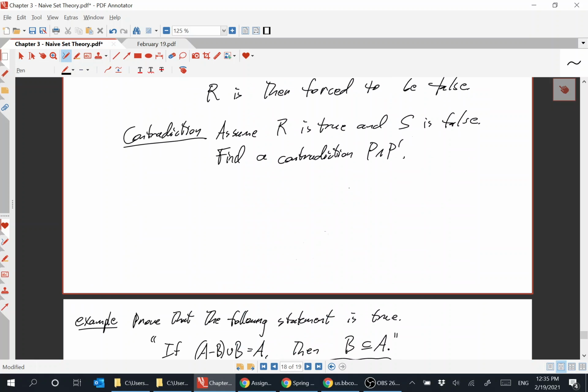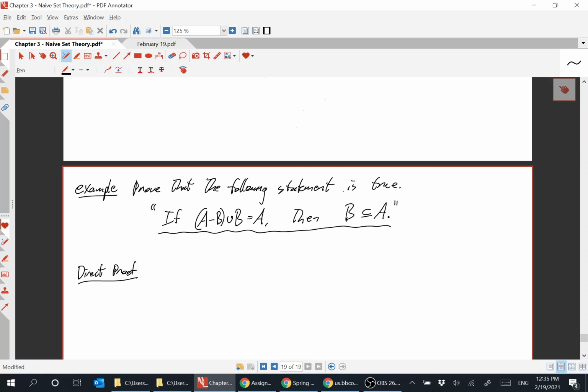So down here, what's my first sentence? Let X be an element of A minus B union B. We have to assume that the hypothesis is true. Here's the hypothesis.